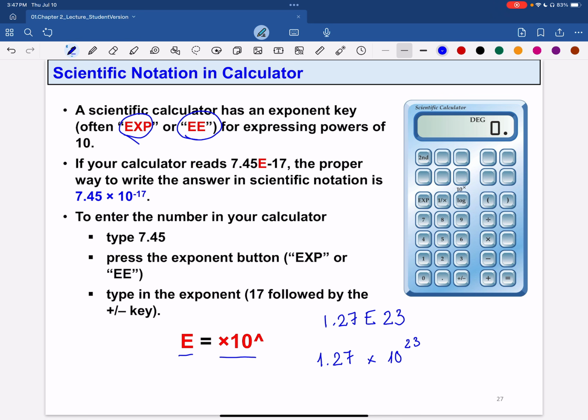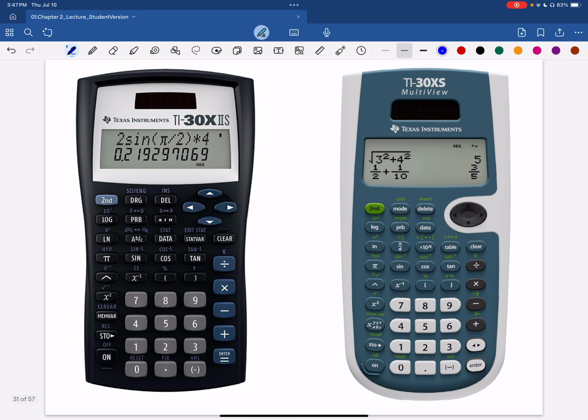Now, for this class, you use a scientific calculator. The most common ones are the TI-30X2S or TI-30XS. In my honest opinion, I do not recommend you use that E button to type in scientific notation, because if you are not careful, you will make a mistake and your calculations will be wrong.